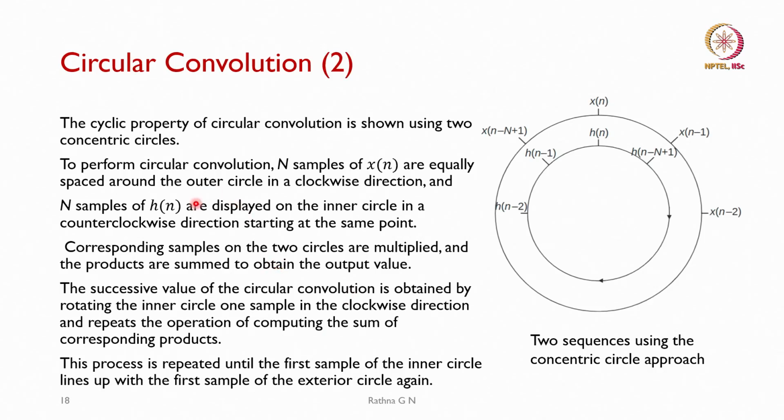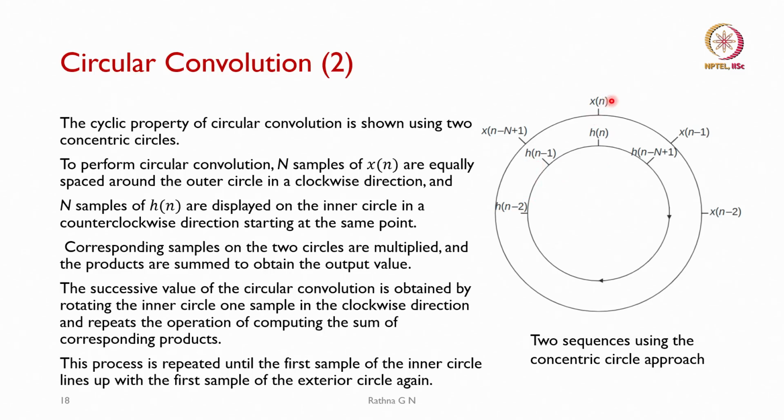How are we going to compute our circular convolution? Usually it is represented with two concentric circles, and we will see that this goes in the clockwise direction. X of n and h of n are aligned, and then we move h of 0 in this direction, to n minus n plus 1 and so on, and the last ones will be h of n minus 2 and h of n minus 1.